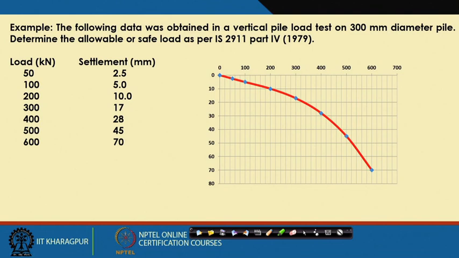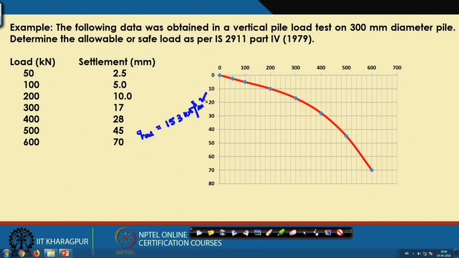In a similar way, if I use the same pile load test data that we used in the previous single pile calculation for the settlement calculation of a group pile, then in the previous problem, in the single pile load test, our Q allowable came out to be 153 kilonewton.